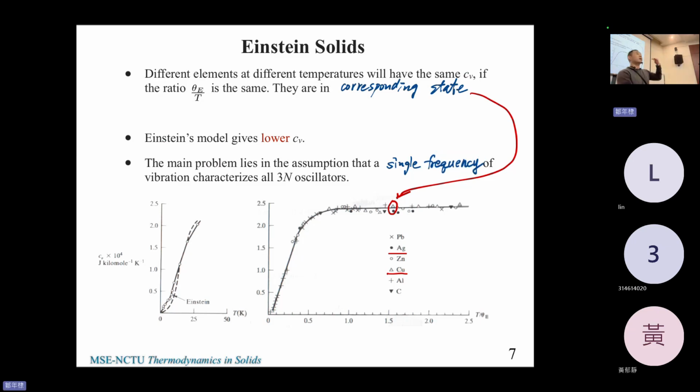As we said, all the oscillators have the same vibrating frequency. This is not good, right? It's never so ideal like this. So it leads to the value near 0K being lower than the experimental value.